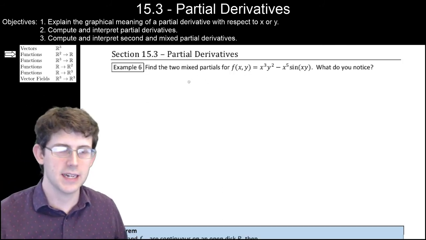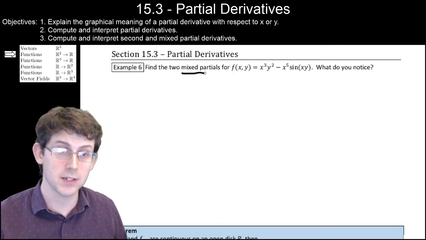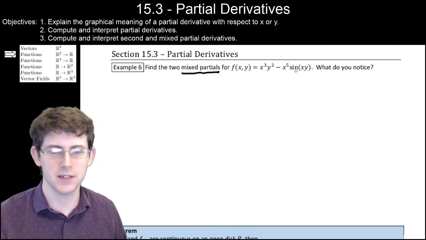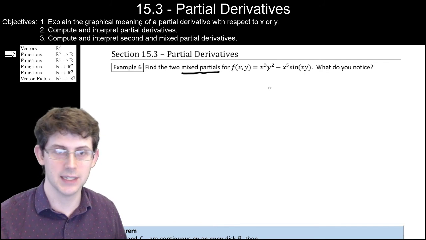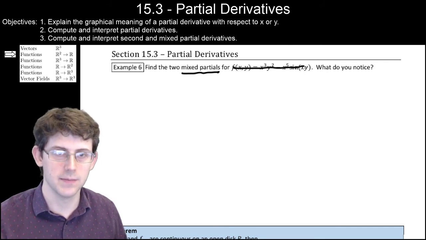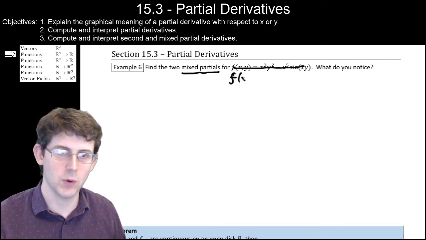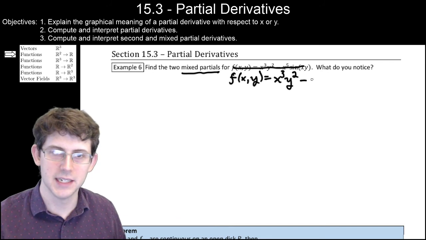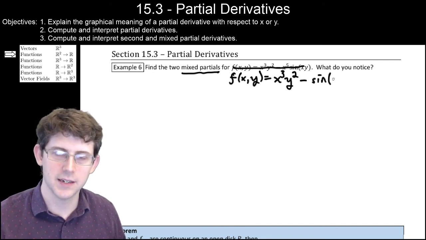Okay, so this example tells us to find the two mixed partial derivatives for this function. Just to save a little bit of time, I'm going to deal with a function that's a little bit less ridiculous than this one. So let's do the same question, but for f of x, y is x cubed y squared minus sine of x squared.